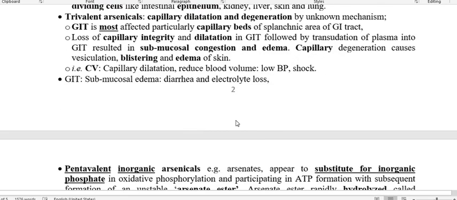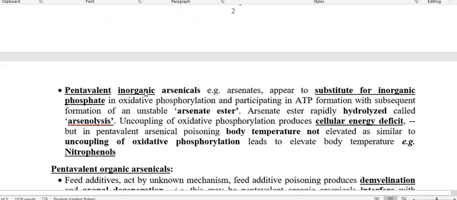Now we have to go through the mechanism of action of pentavalent inorganic arsenic. Pentavalent inorganic arsenic, as I earlier mentioned, is in the form of arsenate, AsO4, which is similar to PO4.